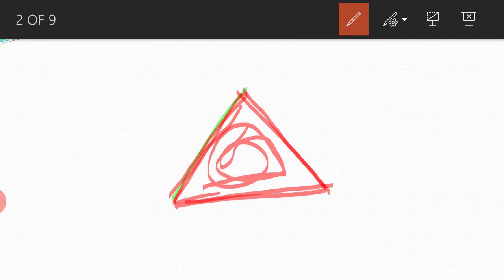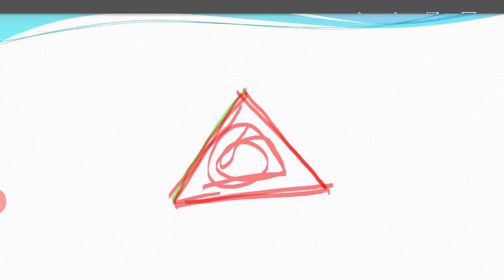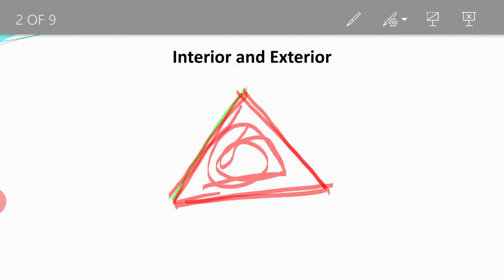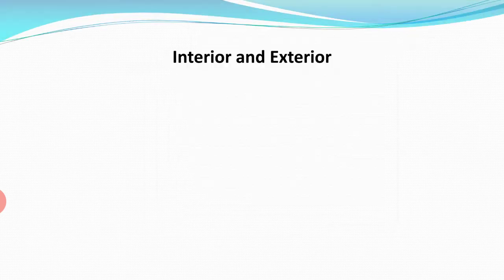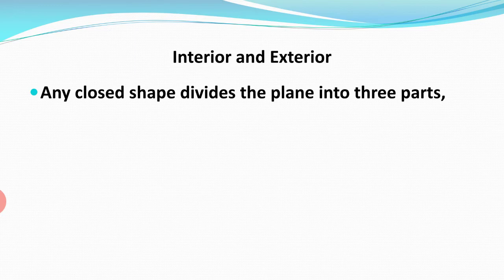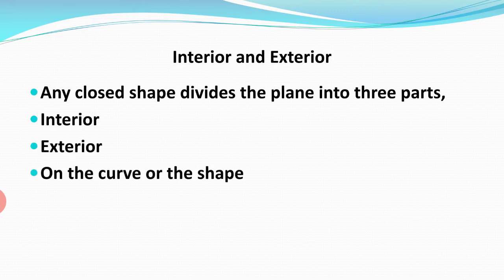Is it okay? So we say that any polygon or closed figure divides the plane into three parts, that is interior, exterior, and of course on the curve or the shape.